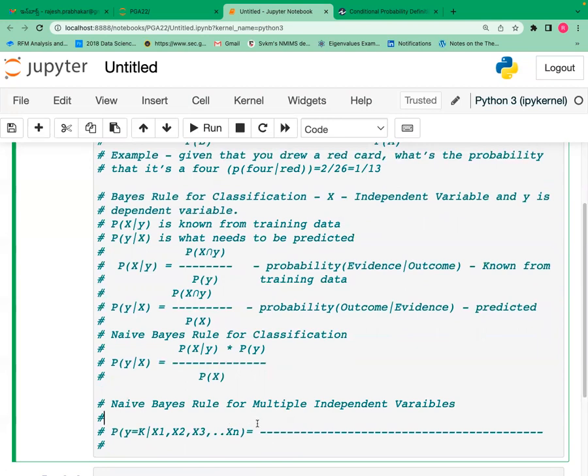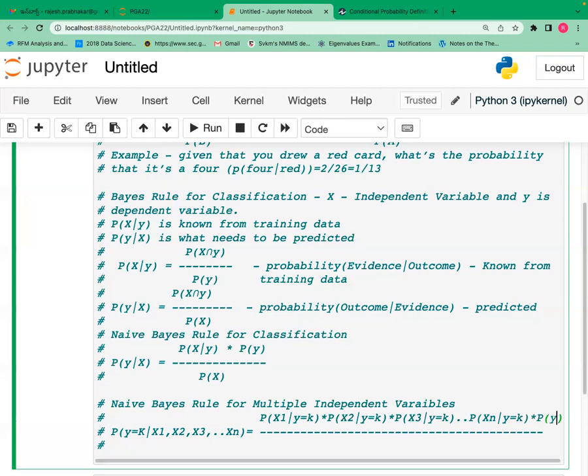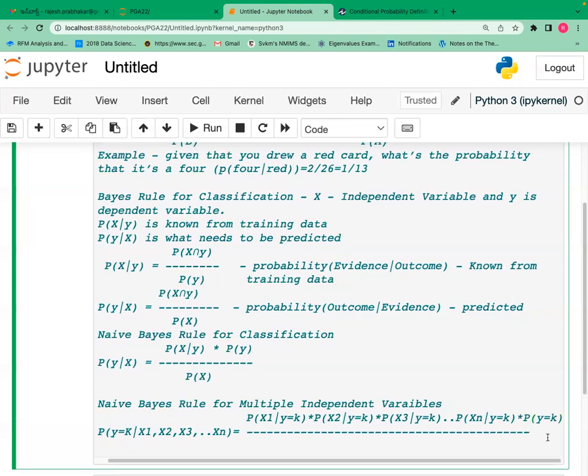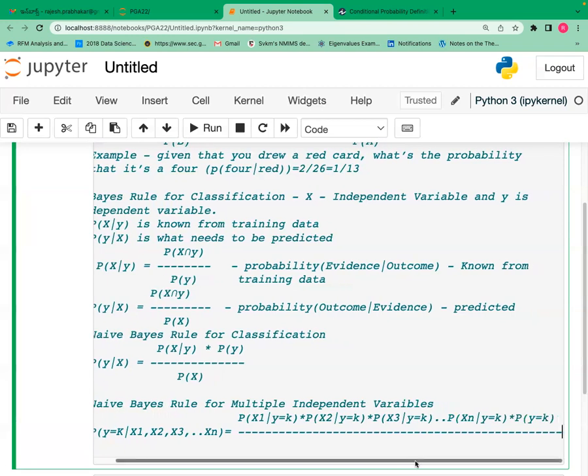Now, the calculation goes like this. Probability of x1 given y is equal to k, multiplied by probability of x2 given y is equal to k, multiplied by probability of x3 given y is equal to k, till probability of xn given y is equal to k, multiplied by probability of y is equal to k.